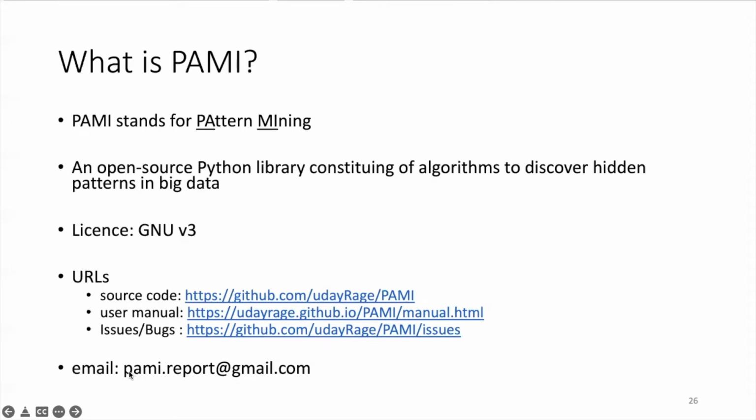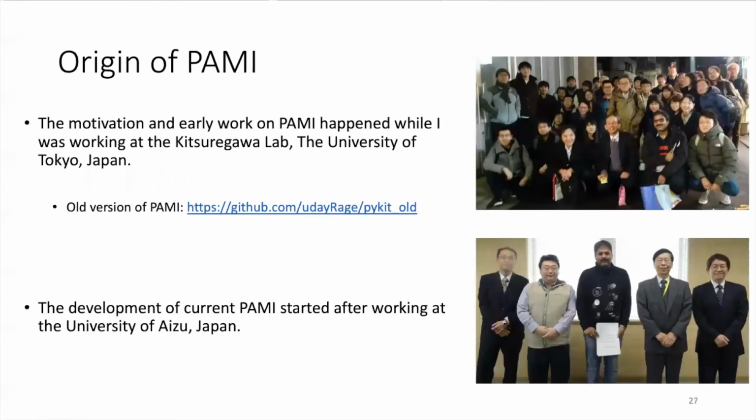Otherwise, you can also send an email to us at pami.report@gmail.com. You can either post your comments in the issues or bugs, or you can send us an email and we will respond to the email queries.